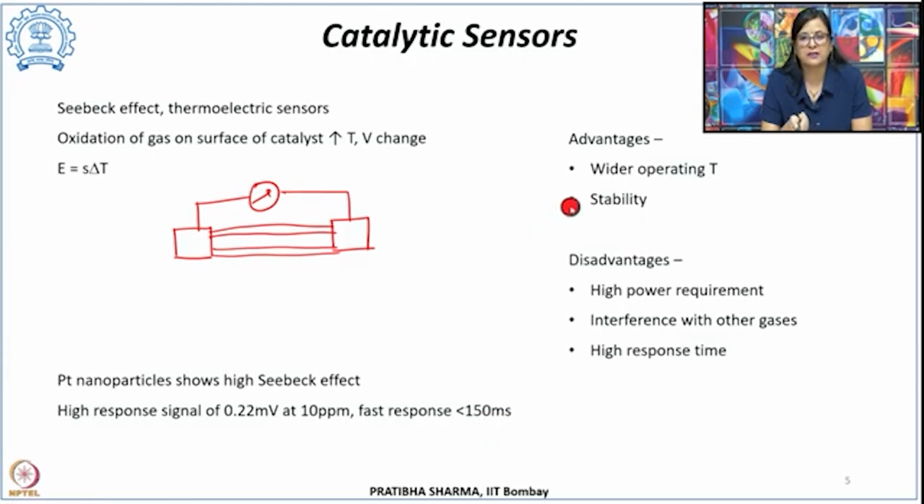So there are advantages, like a wider operating temperature range and stability, but at the same time the disadvantage is that we require higher power. So the power requirement in these types of sensors is higher. At the same time there could be interference from other gases present, and sometimes the response time could be even higher.